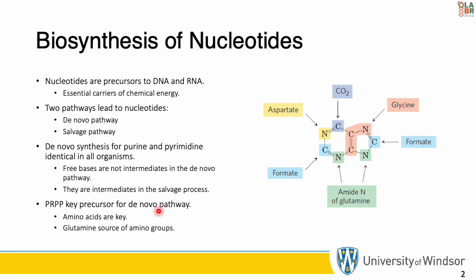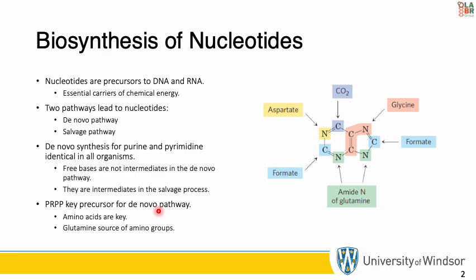So, an amino acid is an important precursor in each type of pathway. Glycine is an important amino acid for purines, and aspartate is the important amino acid for pyrimidines. Glutamine, again, is the most important source of amino groups, as we've seen many, many times. That's why we went through all those examples with glutamine in the previous chapter, the amino acid chapter.